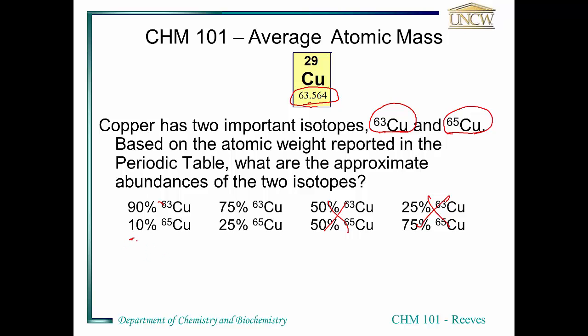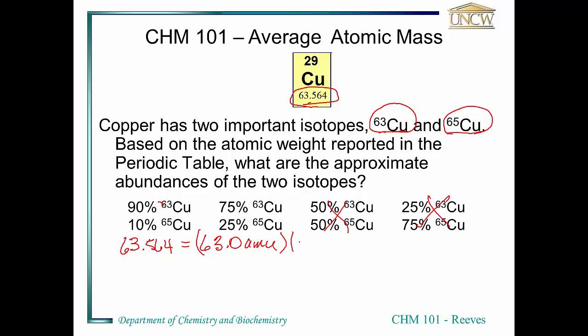Well, we realize that the average, which is 63.564, is equal to the mass of the first isotope, which we'll call 63.0 AMU, times its abundance.